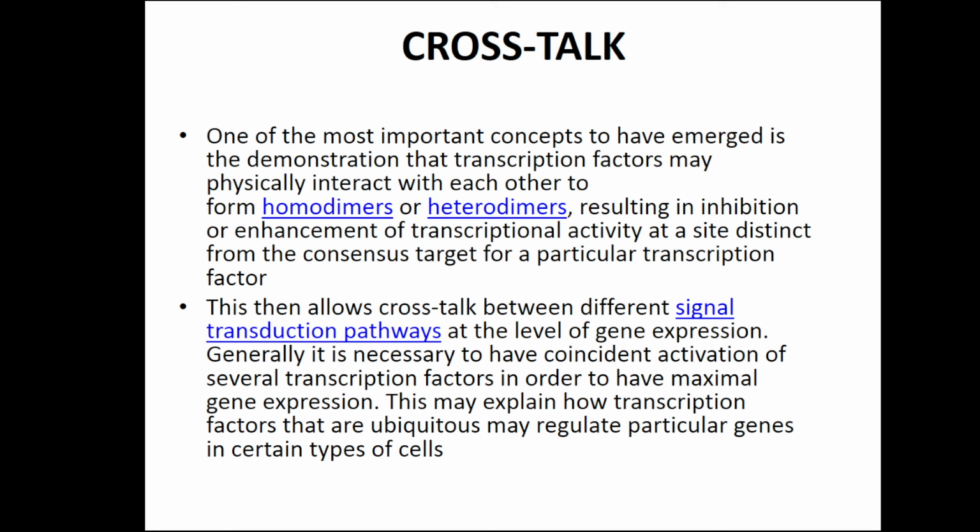This then allows crosstalk between different signal transduction pathways. At the level of gene expression, generally it is necessary to have coincident activation of several transcription factors in order to have maximal gene expression. This may explain how transcription factors that are ubiquitous may regulate particular genes in certain types of cells.